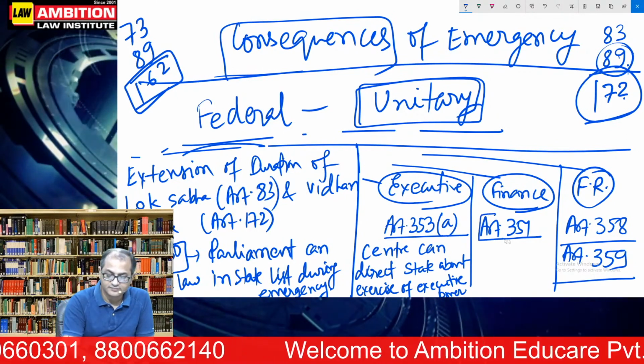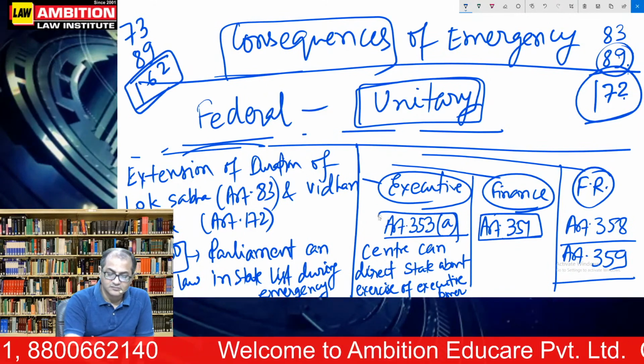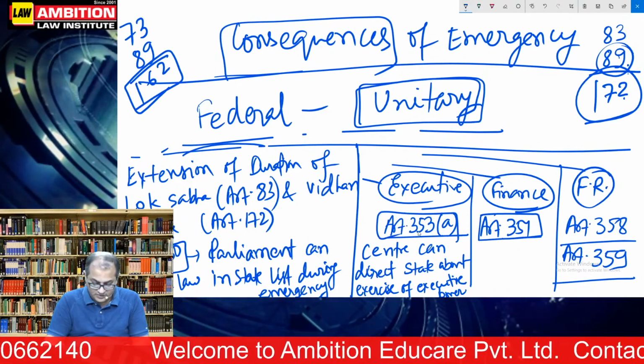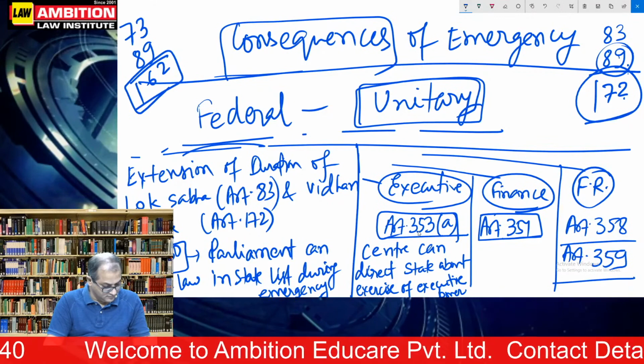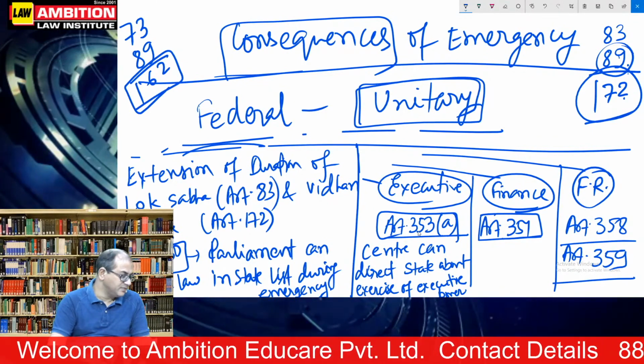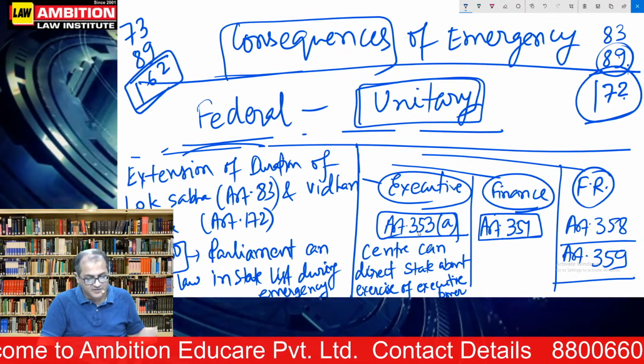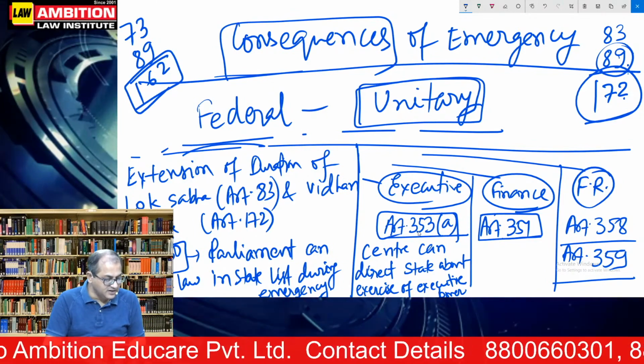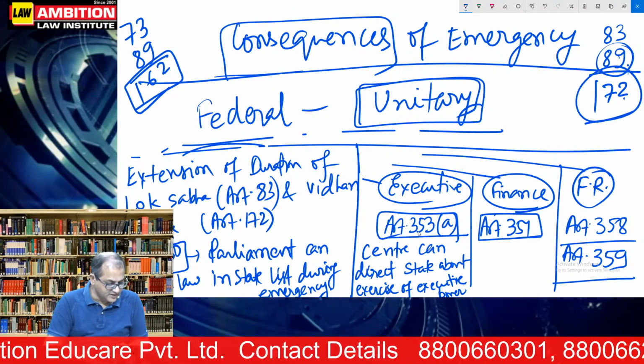Finance. भाई सब कुछ बदल गया, फिनांस तो बड़ा इंपॉर्टेंट है. तो 354 में लिखा है, पढ़ लो 354. जस्ट क्लास के बाद you must have a glance on bare act.